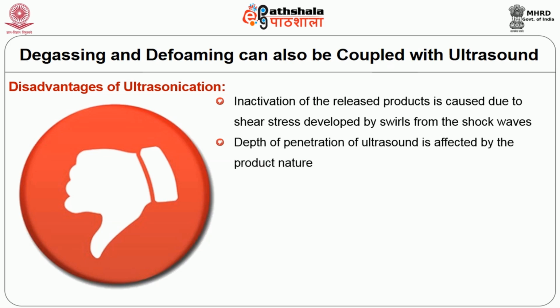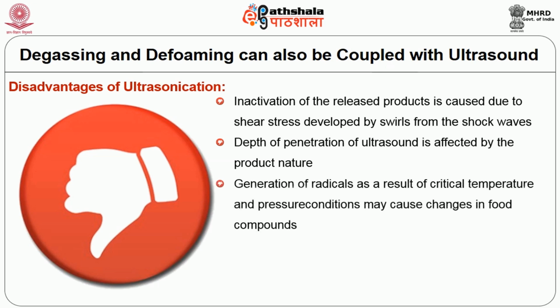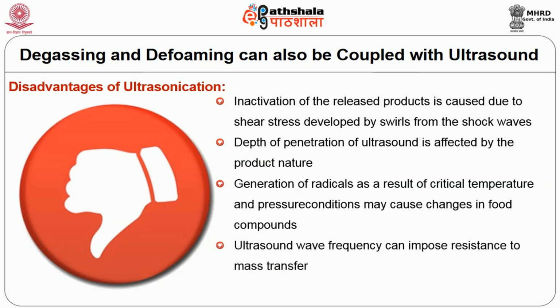Depth of penetration of ultrasound is affected by the product nature. Generation of radicals as a result of critical temperature and pressure conditions may cause some changes in food components. Ultrasound wave frequency can impose resistance to mass transfer and potential problems with scaling up plant in ultrasonication.